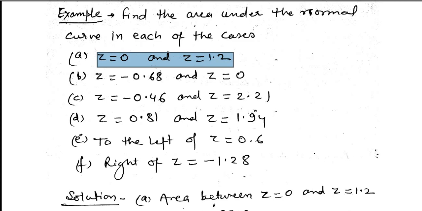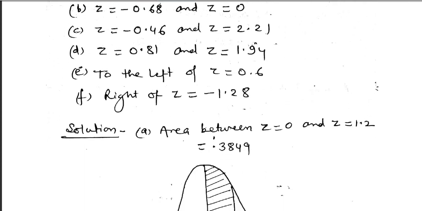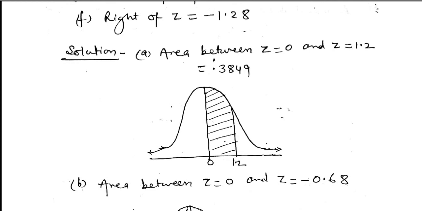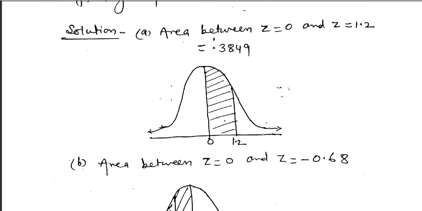So here, to find the area, we use some properties of normal distribution as well as the normal distribution table. First we construct the area for this. Look at here, the area between z is equal to 0 and z is equal to 1 by 2 is equal to 0.384. This value is calculated by using the table.